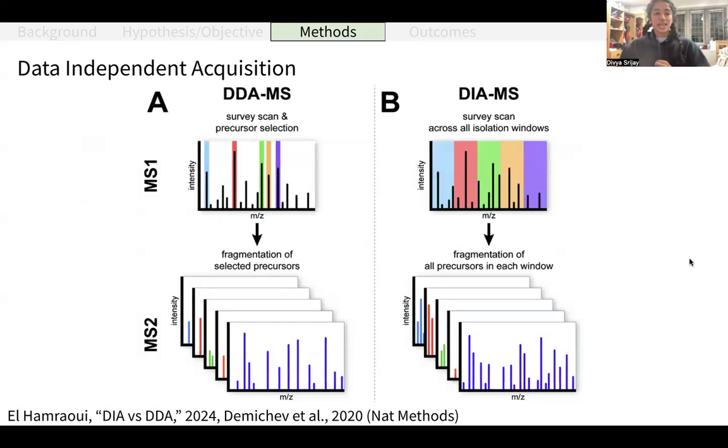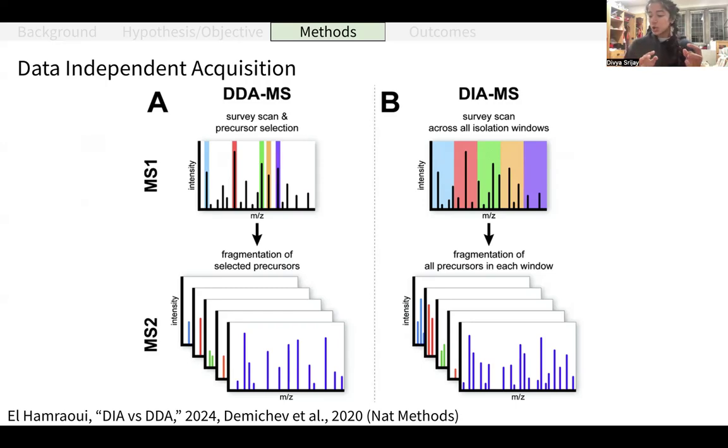We will also be using a data-independent acquisition method, which, as we've talked about in class, is the process of isolating all precursor ions into a predefined isolation window and fragmenting every single precursor ion, as opposed to DDA, or data-dependent acquisition, which only fragments the high abundance peptides.